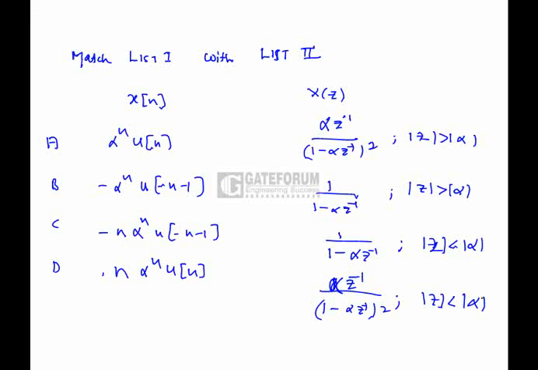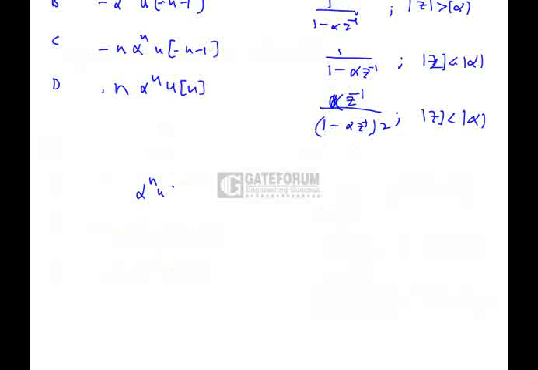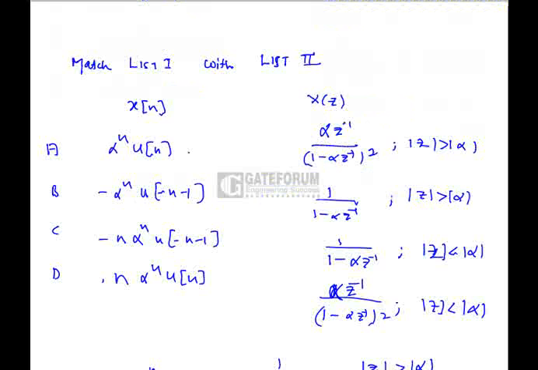Next, match list 1 with list 2. Here in list 1, the discrete time signal x of n is given. In list 2, the corresponding z transform is given. We know that alpha to the n u of n is nothing but 1 by 1 minus alpha z inverse, whose ROC is mod z greater than mod alpha. Hence A is 2.